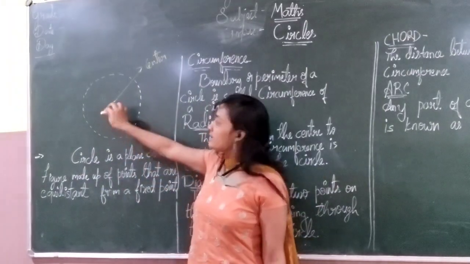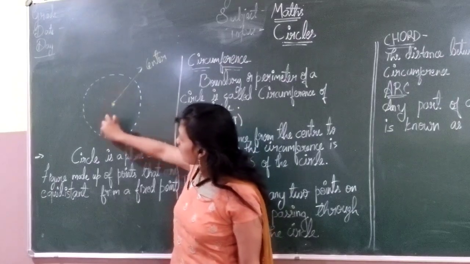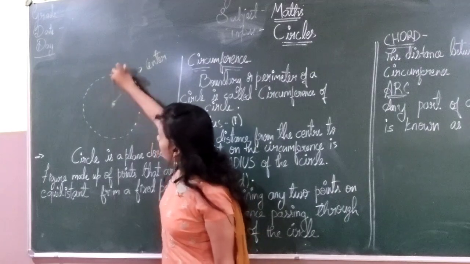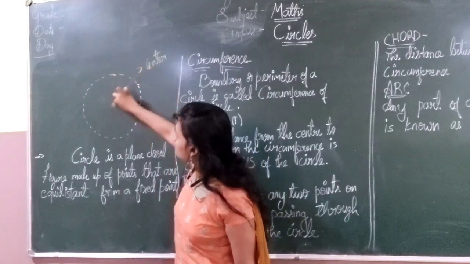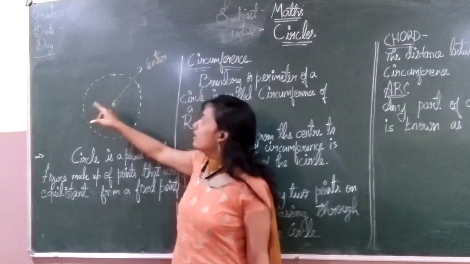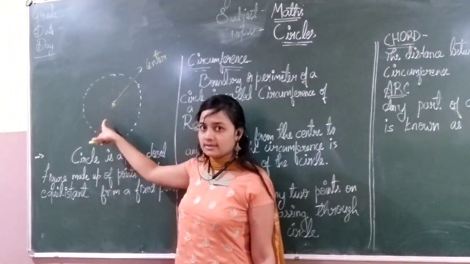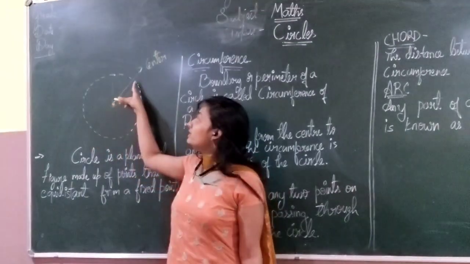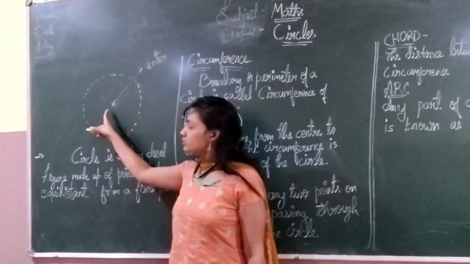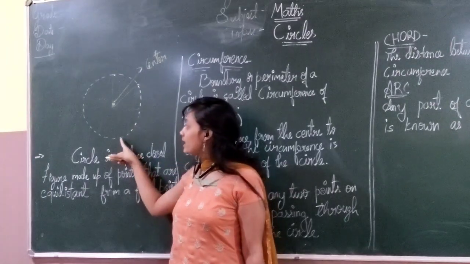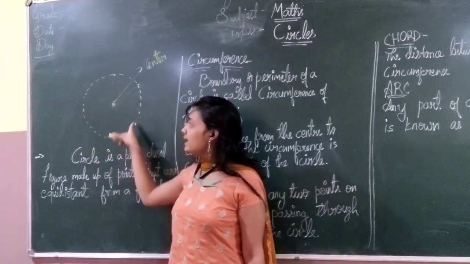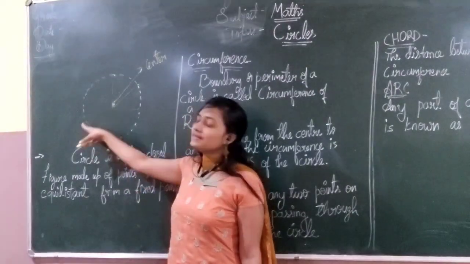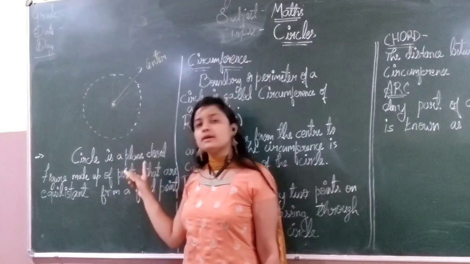From this point, if I take the distance to any point on the circle, let us take this point to this point, or from here to here, or from here to here, all this distance will be the same. Means if this is 5 centimeter, this also will be 5 centimeter, this also 5 centimeter. Like that you take a point on this circle anywhere and measure the distance to the center. You always have the same length. That is the meaning here.